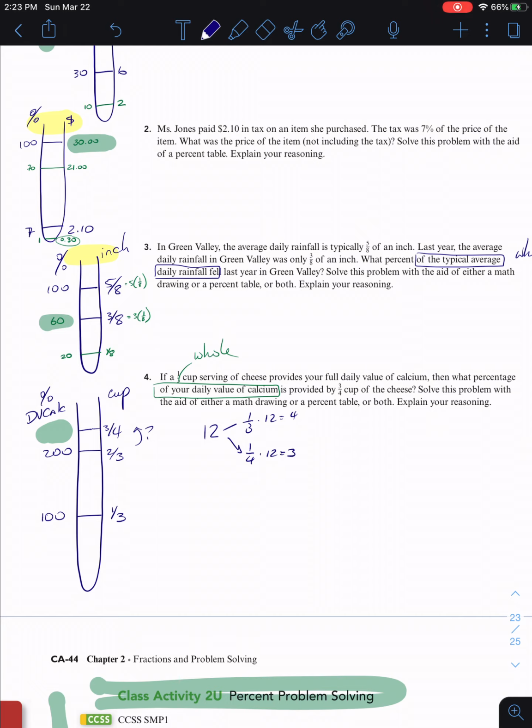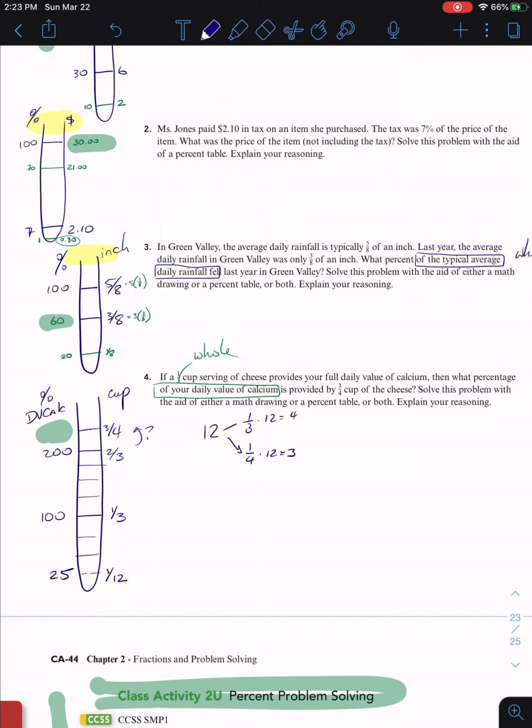So we knew that if we could separate things into 12ths, then we would have a much easier time. So 1/3. Okay, so we can find what a 12th is. It's a quarter of 100, so that's 25, right?